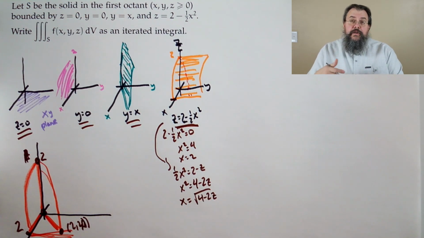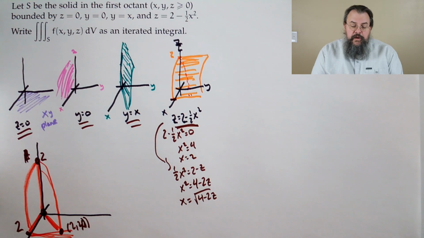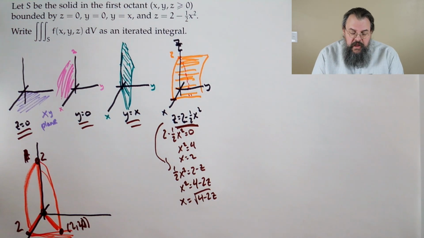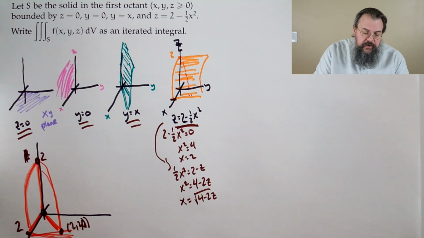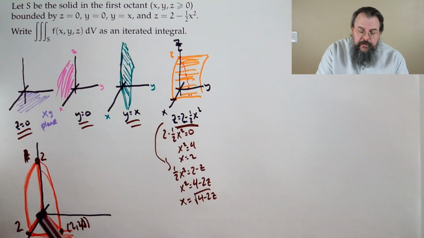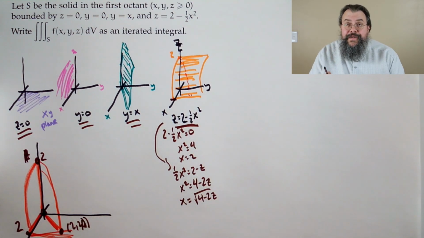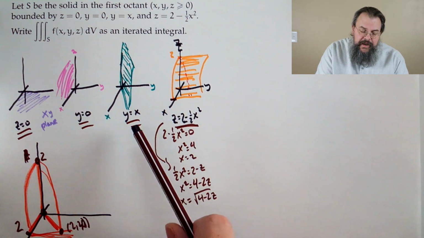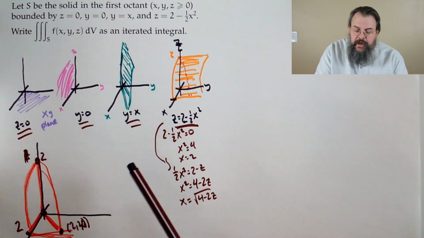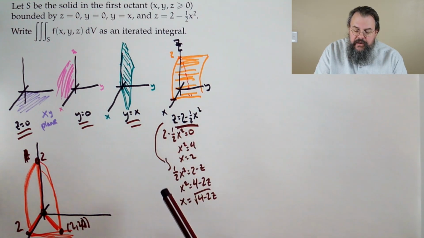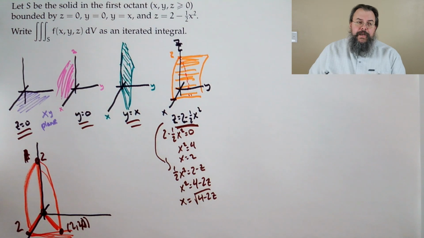It's the positive square root because we want to assume x is positive. So we have all 4 of our bounding surfaces described in nice and all possible ways. So in other words, look, I can solve here y equals x, or x equals y. Here I have z as a function of x, or x as a function of z.